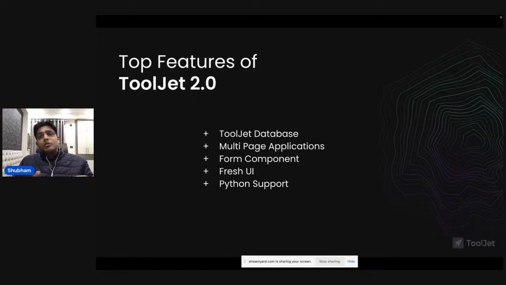To quickly recap, we have been working for the past 6 months on releasing this mega version of ToolJet 2.0, where we built a lot of features requested by our customers and community members over 2022 and 2021.